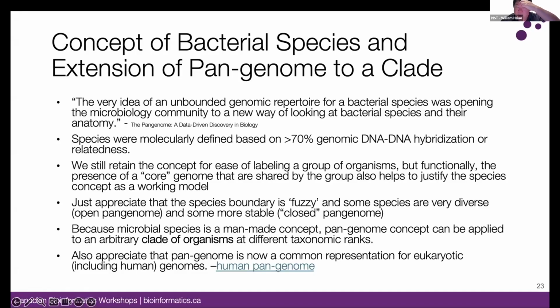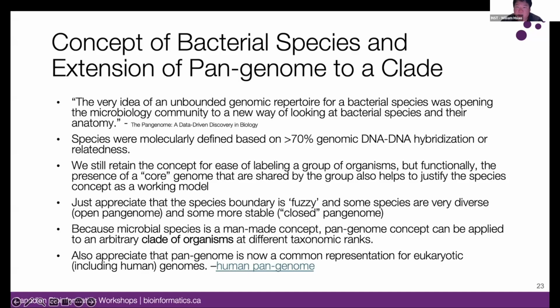Species that were thought to be a definitive concept with a very defined set of genes no longer is true in microorganisms. Species that have been molecularly defined as sharing 70% of the genomic DNA based on DNA-DNA hybridization, or at the sequence level relatedness, these types of thresholds no longer apply, as you've seen in an earlier lecture, right?